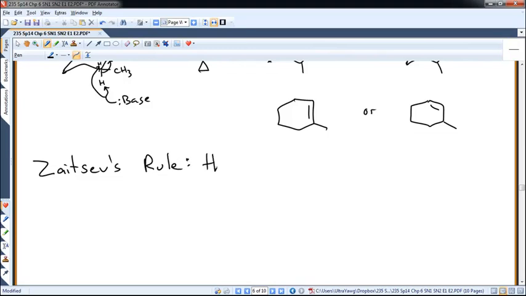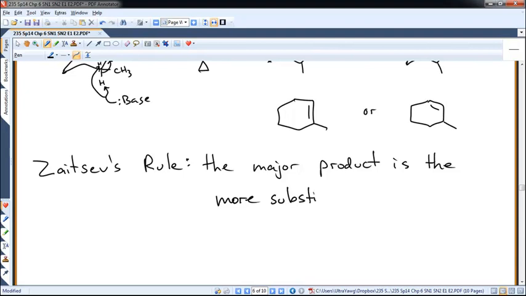Zaitsev's rule says the major product in a reaction like this is the more substituted alkene. What do I mean when I say more substituted? Meaning more sp3 to sp2 carbon-carbon bonds. So if I had 4 carbons, it would be tetrasubstituted.